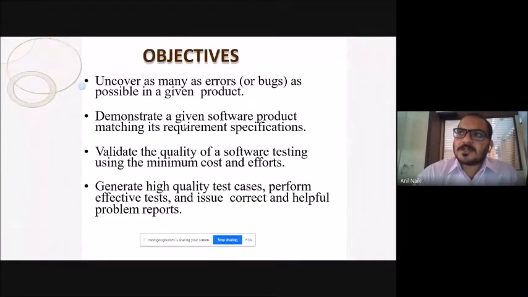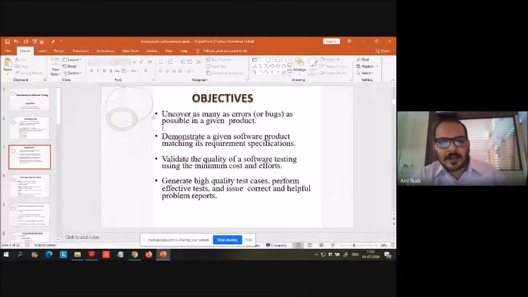As you know, the software requirement specification document, the developed software should match the software requirement specifications. And validate the quality of the software using minimum costs and effort.